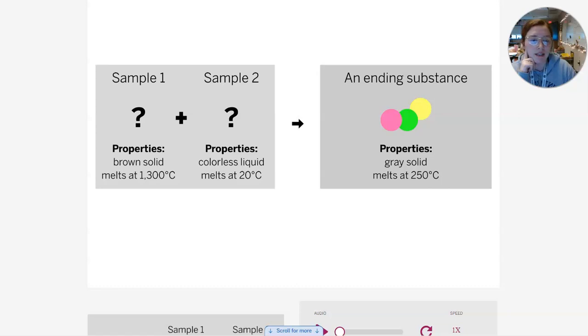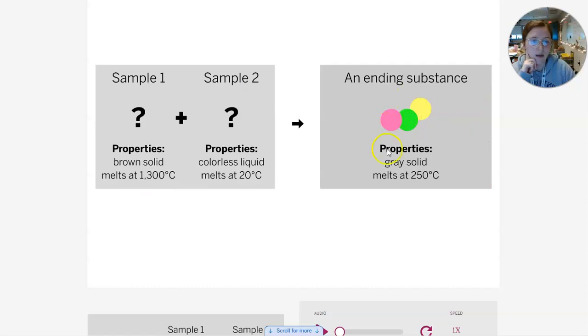Remember, this is an ending substance, so I'm going to have another substance over here. Are the properties the same or different? They are different. So am I going to have a molecule over on sample 1 or 2 that has pink, green, and yellow mixed together?